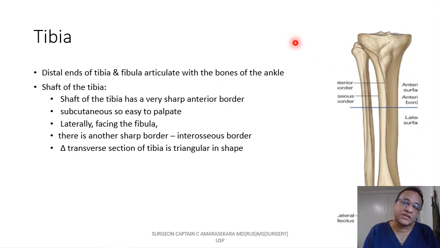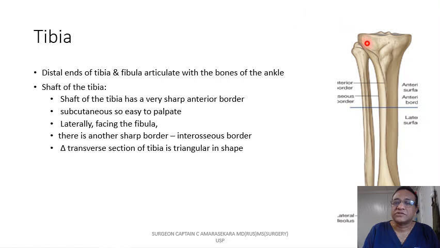So it's easy to identify and it's a good landmark. It's very important for incision planning in orthopedic surgery, and it also guides us in fracture alignment when we are doing fracture reduction.